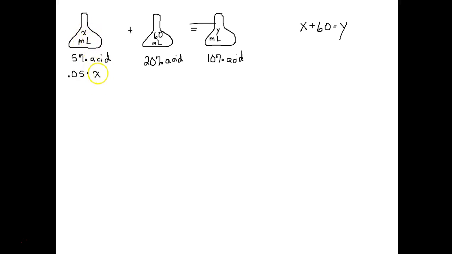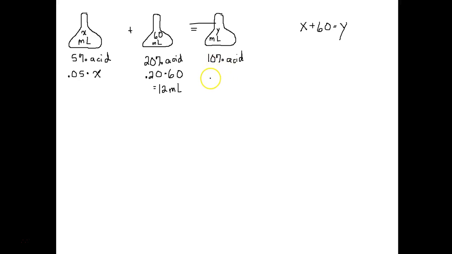We don't know what the milliliters are yet, so we just say X. And then over here, 20% acid, if we take 0.20 times the 60 milliliters, that'll tell us exactly how much acid's in there. So apparently that one has 12 milliliters of acid in it, and then the other 48 milliliters are something else.